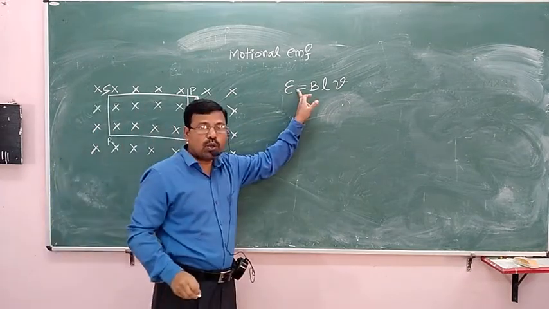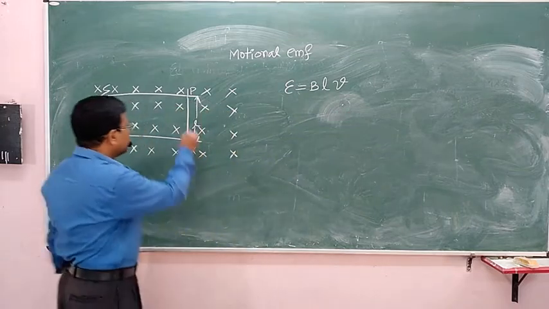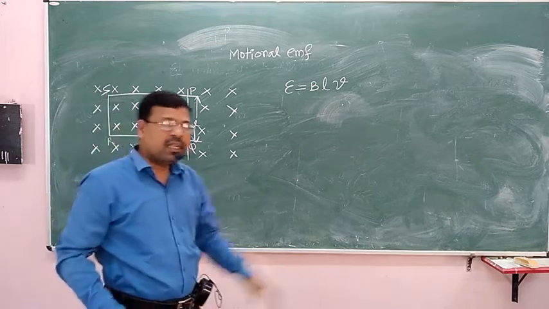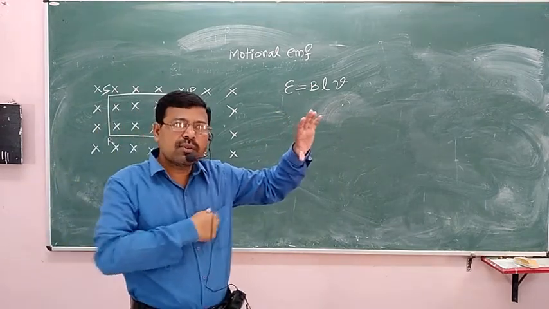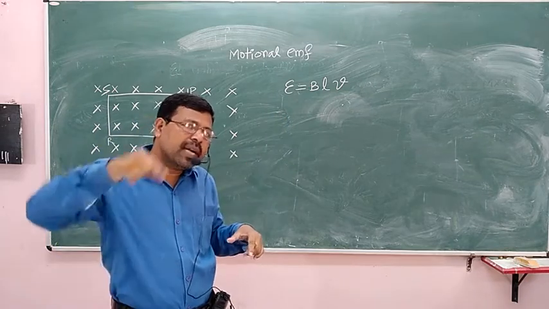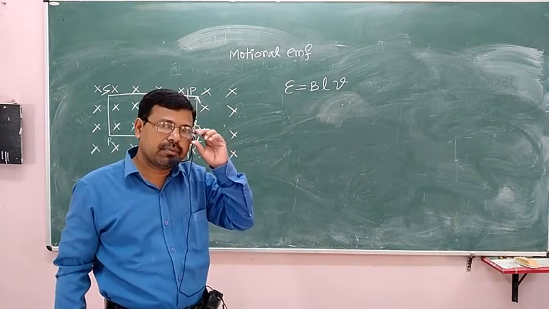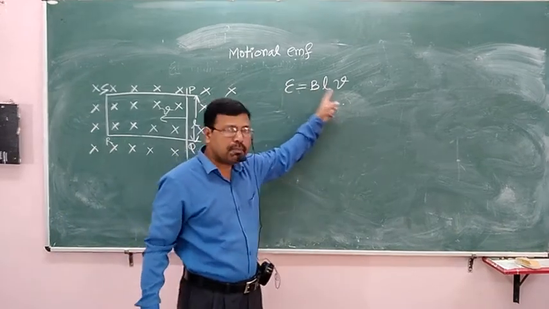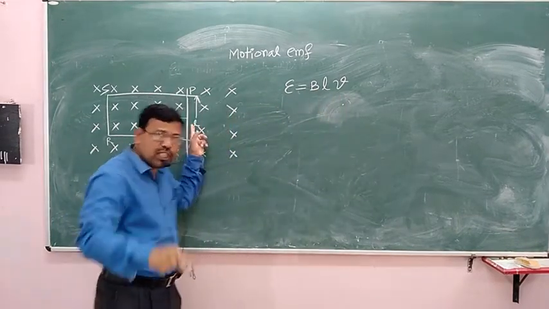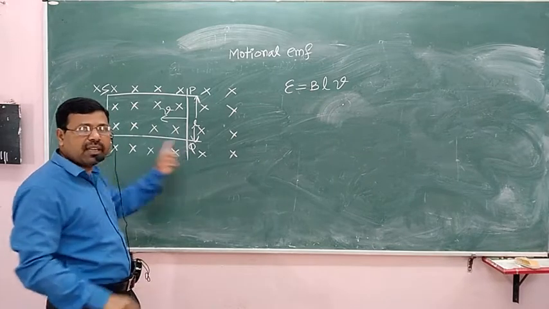And it also depends on the speed of this conductor. If the conductor moves faster and faster, there will be greater and greater induced EMF. So the induced EMF depends on the speed with which it moves in the magnetic field.